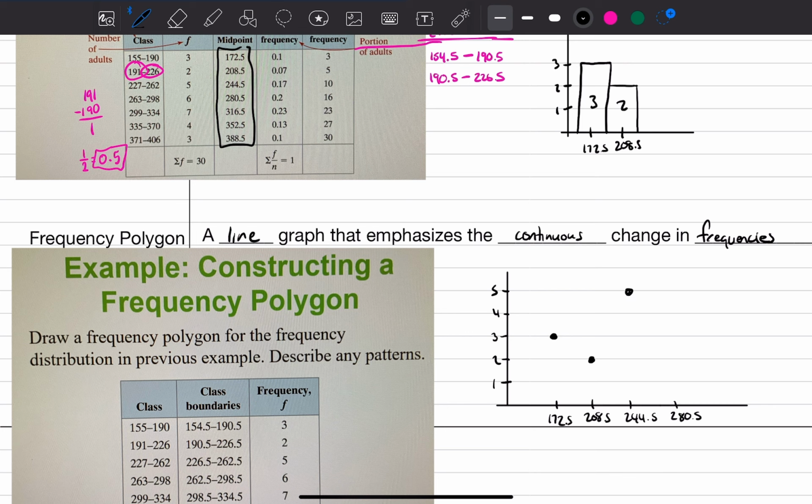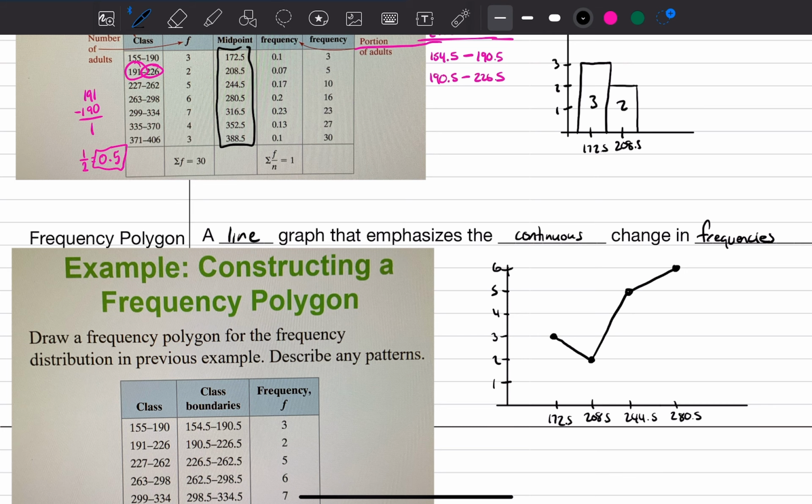The next one would be 6. Go up to 6 like that. And then you'd connect everything from left to right, like this, using straight lines. And then you would keep going until you finish.